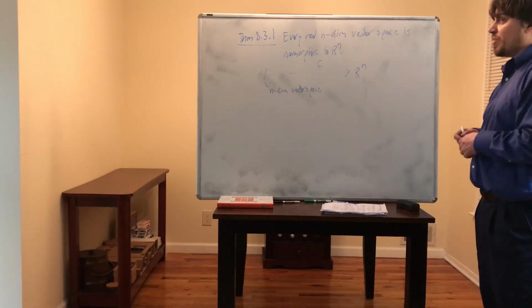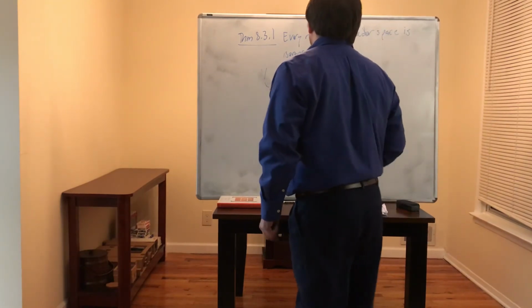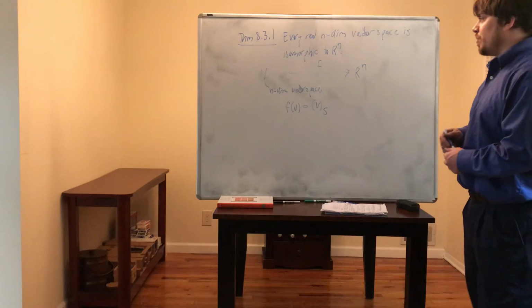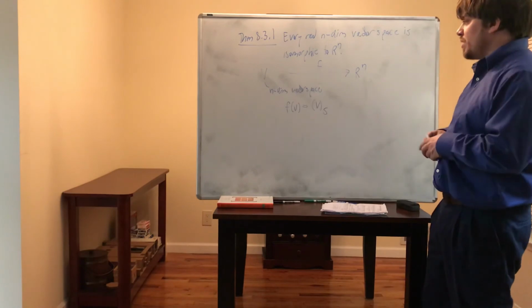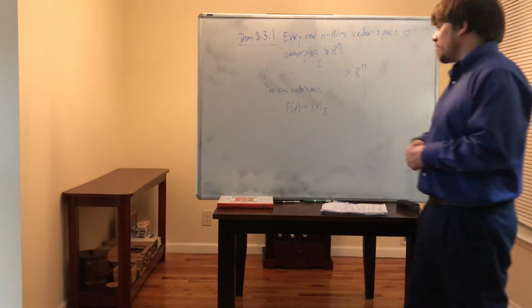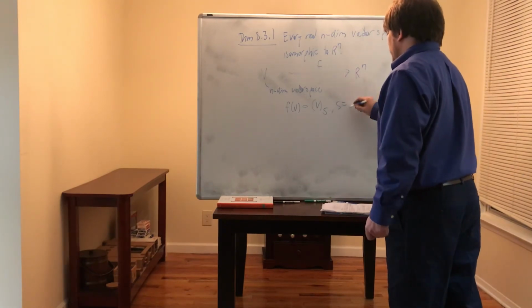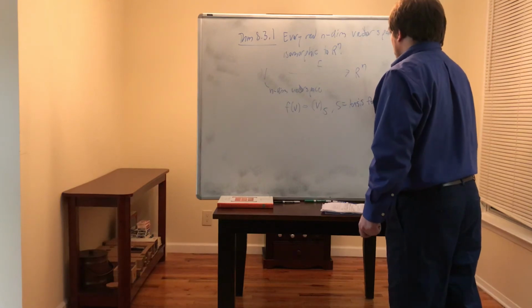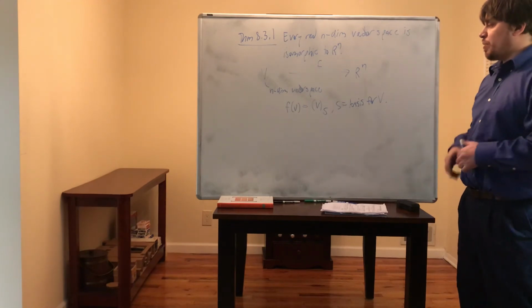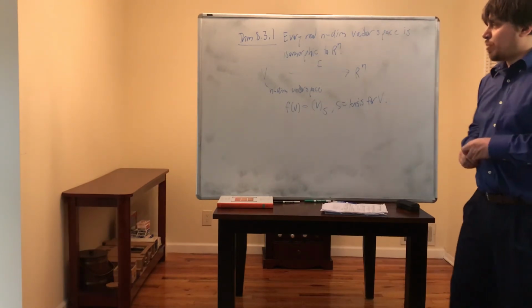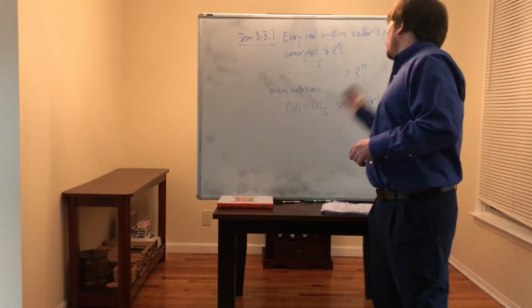You could define that isomorphism F from an n-dimensional vector space V to Rn as F of v equals the coordinates of v relative to S, where S is a basis for V. So if you have a basis for V, then F of v equals the coordinates of v relative to S would be an isomorphism from an n-dimensional vector space V to Rn, and that would show that V and Rn are isomorphic.